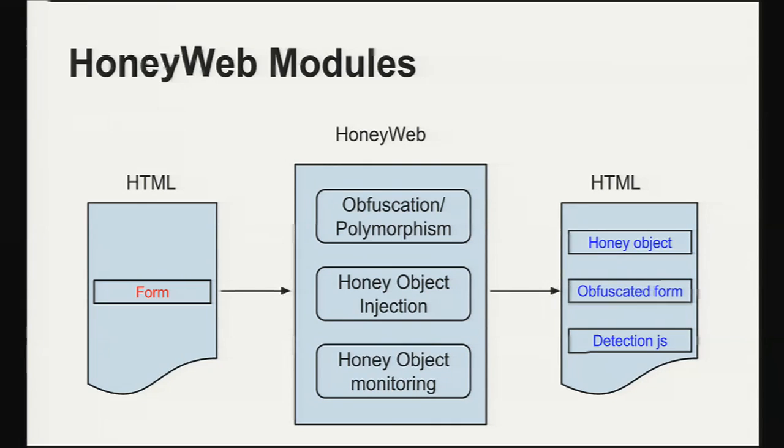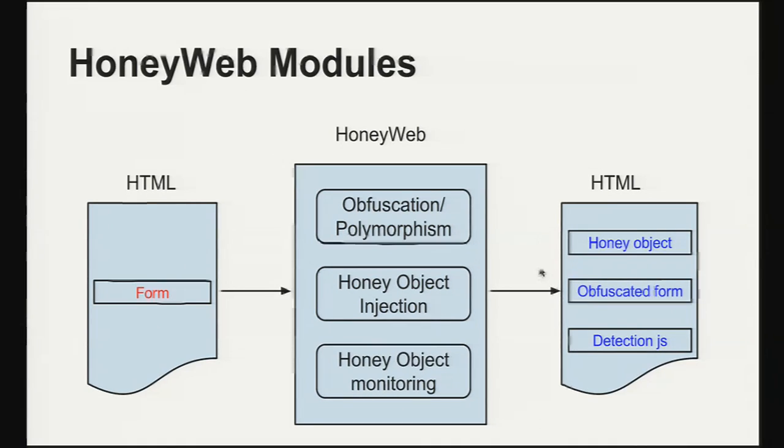So here are the modules that we have, basically according to the three ideas. The input of the system is the form, listed here. After the form goes through the HoneyWeb, first we will have the obfuscated form, which prevents them from injecting things.